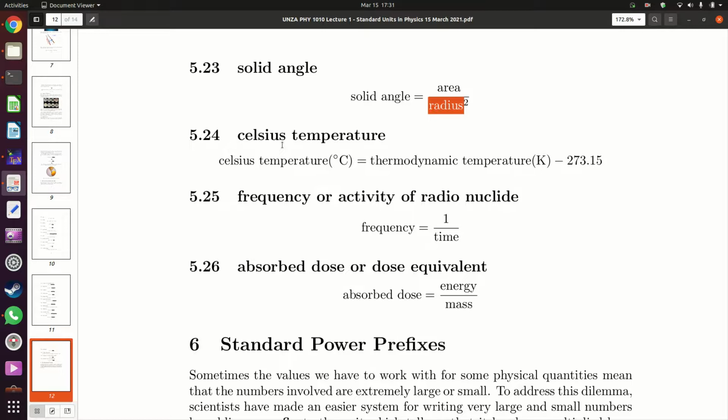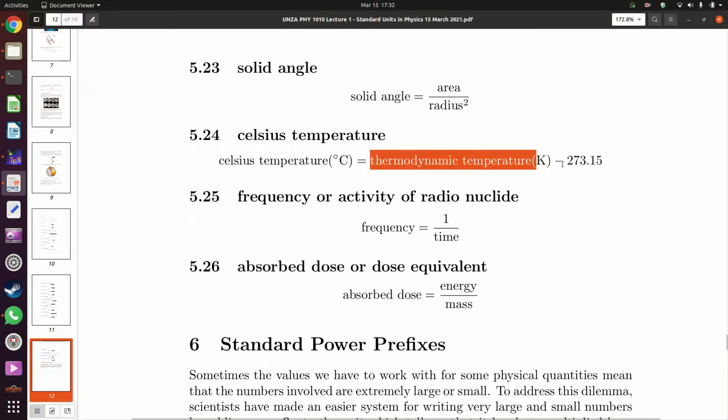It's a physical quantity, yes, and it is a type of temperature. And how do you obtain it? Celsius temperature in degrees Celsius is equal to thermodynamic temperature in kelvins minus 273.15.